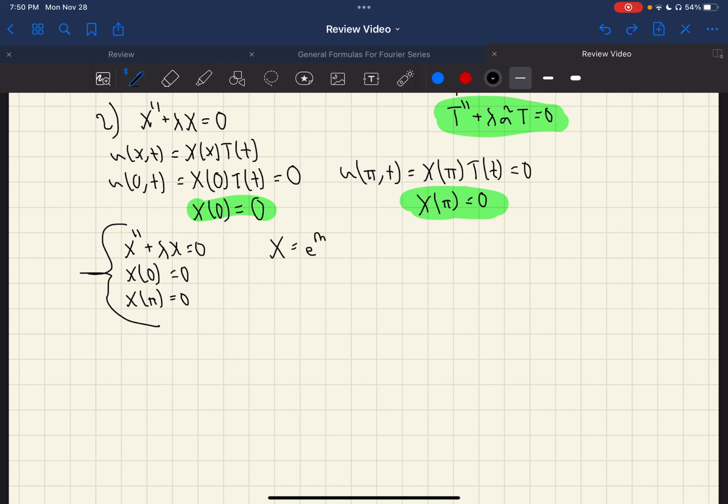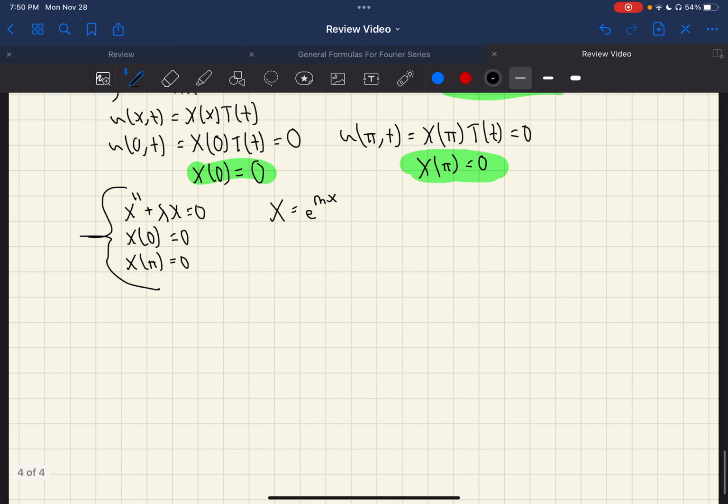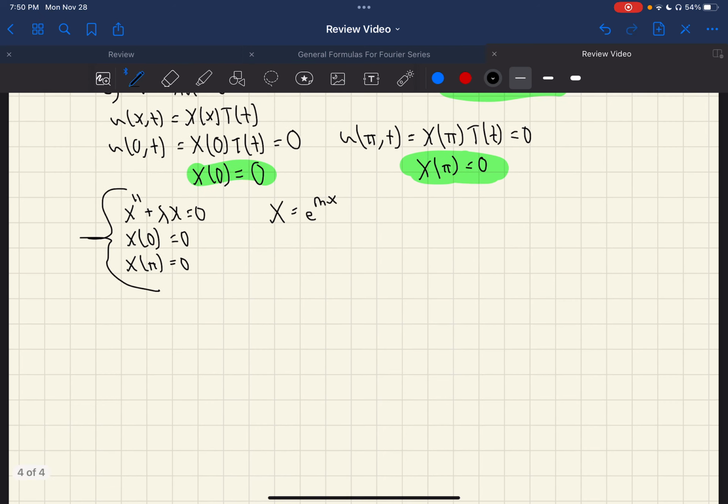This is the thing they want you to do. And if we were to try and find m, m is plus or minus the square root of negative lambda. Now, my TA told us that we're only going to need to consider two eigenvalue cases, with one being lambda equals 0, which is repeated real roots, and then case 3, which is lambda is greater than 0, which is complex roots.